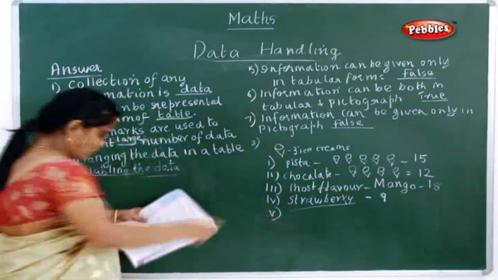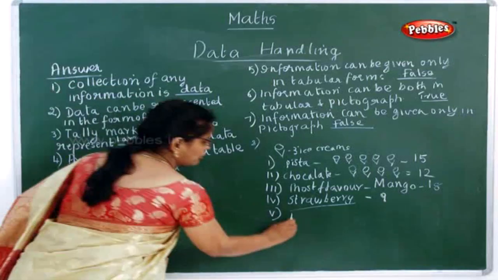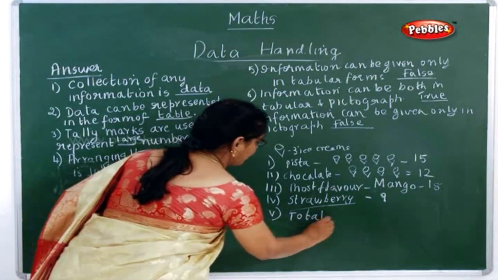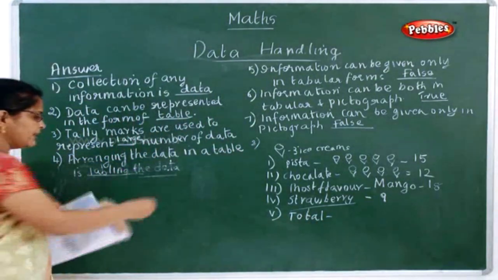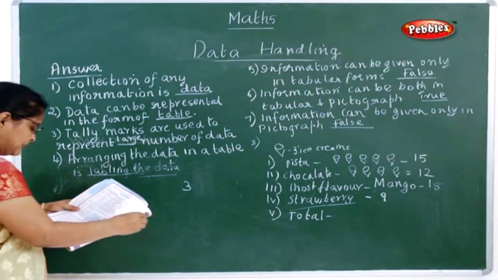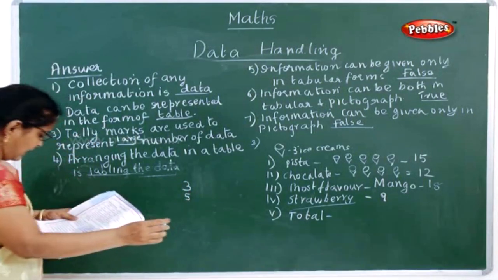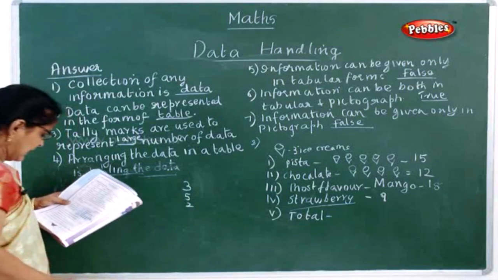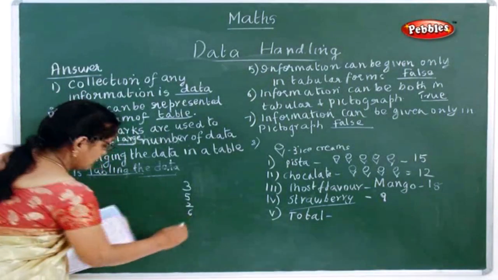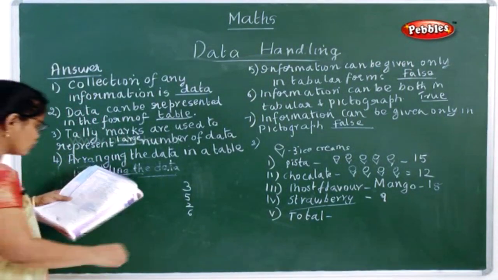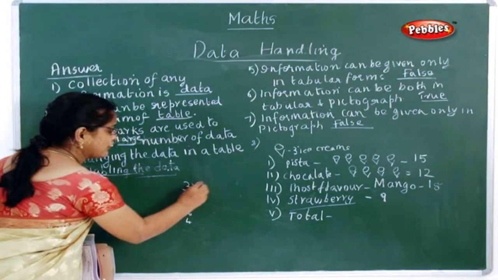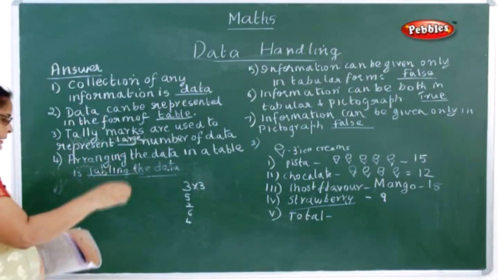Now what is the last question they have given? What is the total number of ice creams? Now you see there, vanilla there are 3 and pista there are 5 and strawberry it was 2 and mango it was 6. Is it clear? And chocolate it was 4. Now you have to multiply with 3 because one cone represents 3.